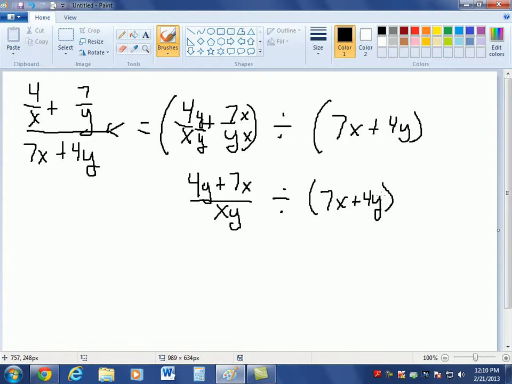Now there's nothing we can really do to combine 7x and 4y. So we've got this division problem. What's usually the next step once we've got it down to as simple a division problem as we can go? It involves division, it involves fractions.